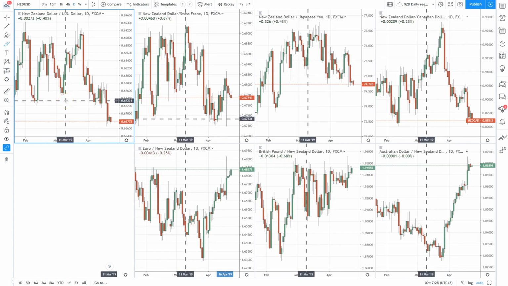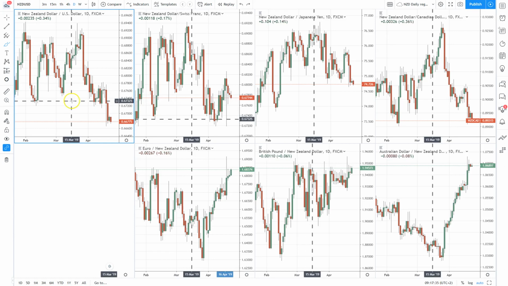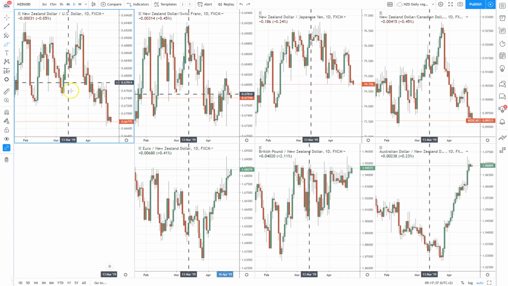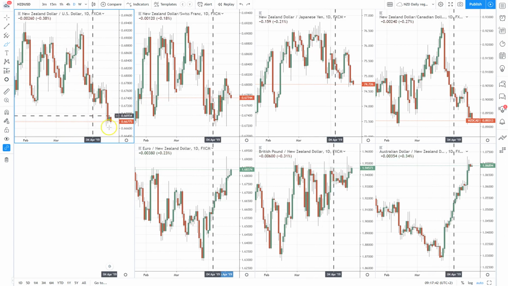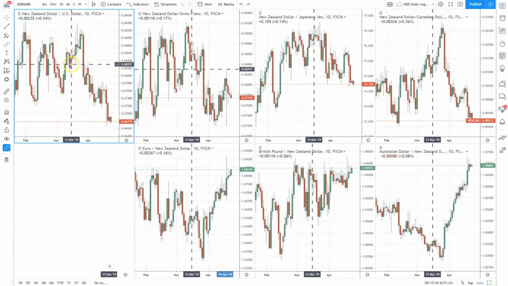You can see that I'm moving left to right, so it's synced across the whole group. What I always like to do is make sure I start off with the same amount of data, and then on the first pair, I look for the latest trend, if I can find one, and that would be around here.